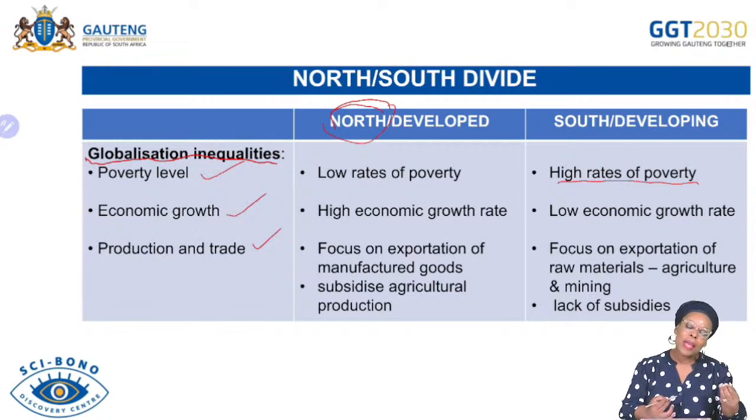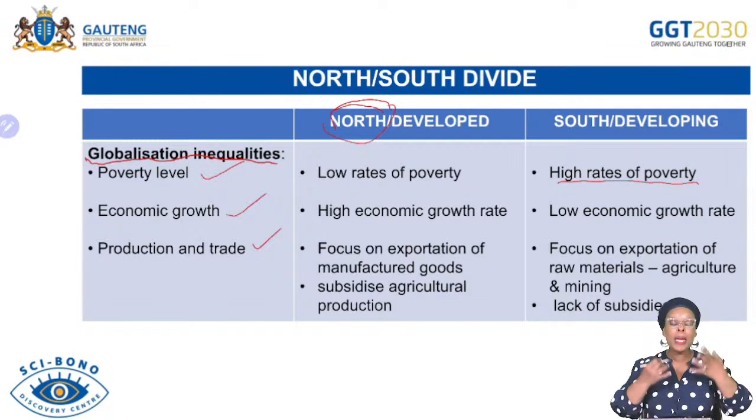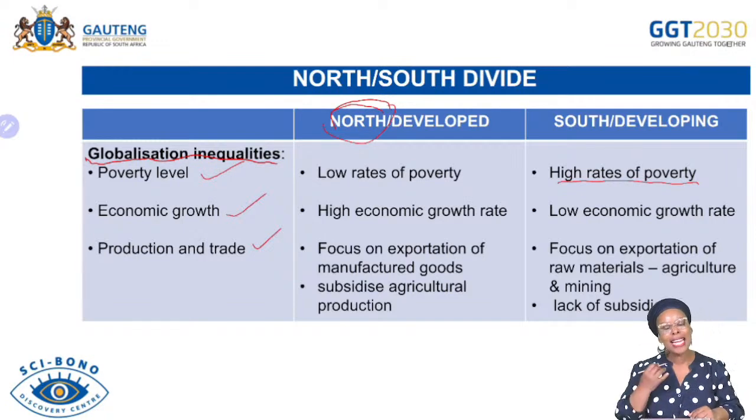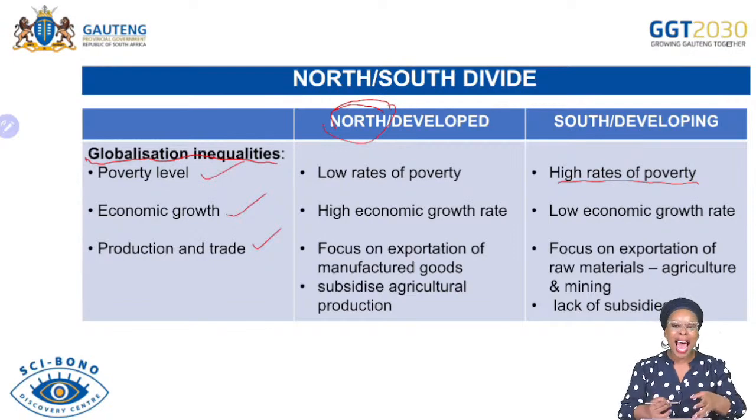So countries from the north have a high economic growth rate. But when you look at countries from the south, which rely on the primary sector in most cases, they rely on agriculture and mining. So their economic growth is less. They have even fewer industries.